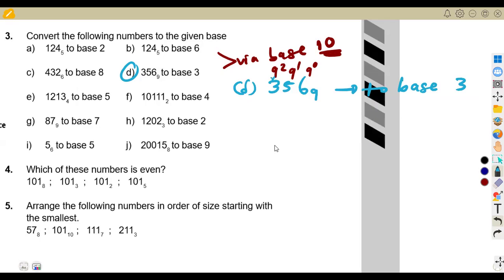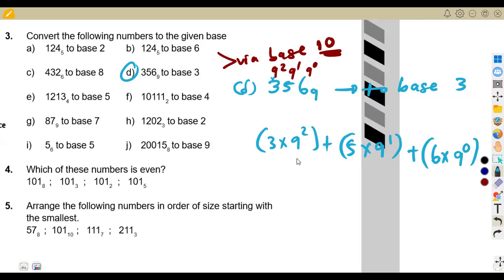We multiply here 3 times 9 to the power of 2, plus 5 times 9 to the power of 1, plus 6 times 9 to the power of 0. All right, 9 to the power of 2 is 9 times 9, which is 81. Then times 3, that is going to be 243.